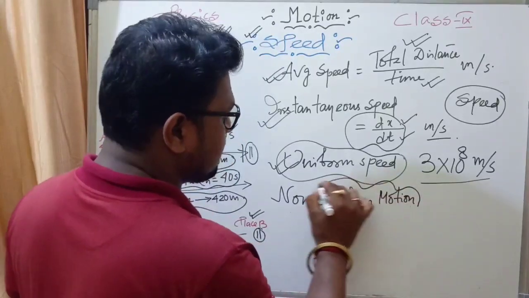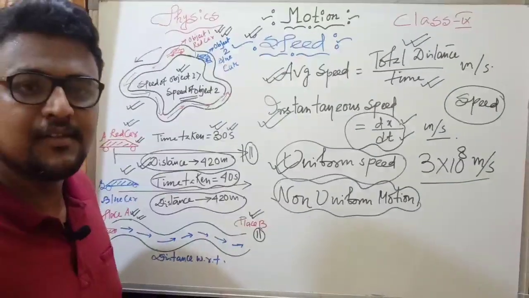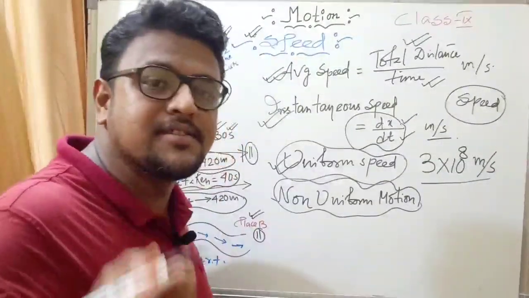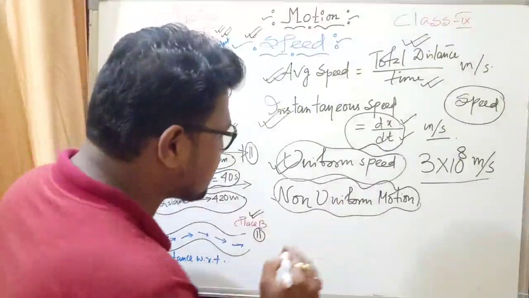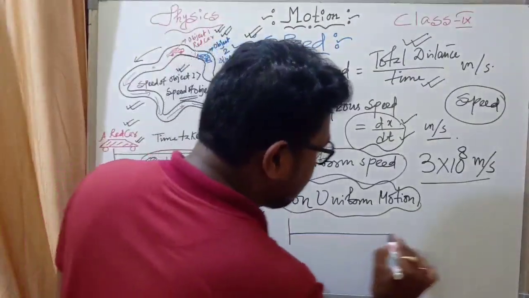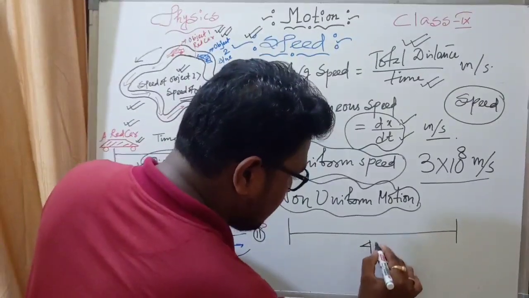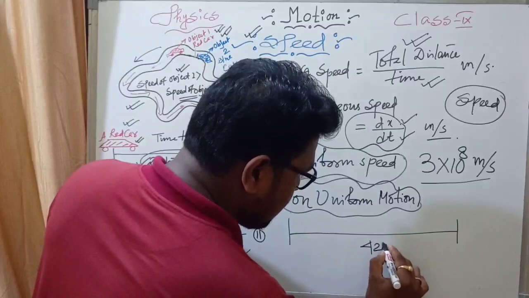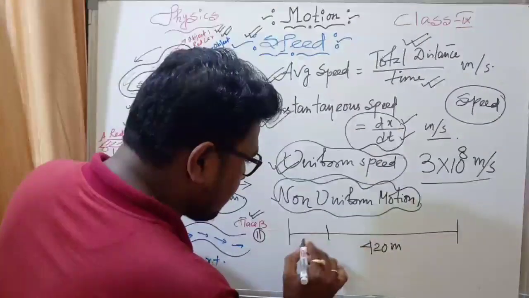So what is non-uniform motion? When an object travels unequal distances in equal intervals of time. Let us consider a car traveling, for example, 420 meter.